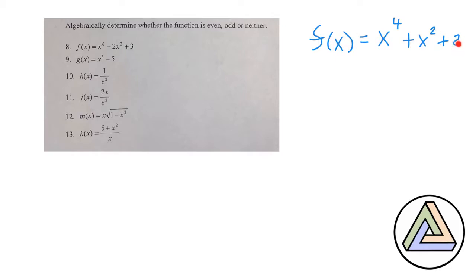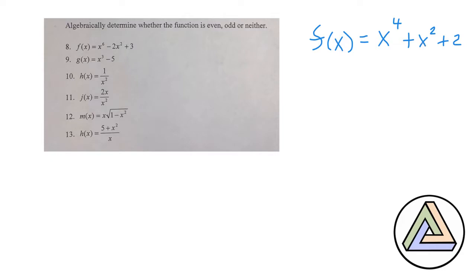Notice that you can have a constant. There's no x attached to this. If all the terms that have x in them are such that they have exponents that are themselves even, it's an even function. And think about it, that makes sense, because if we plug in a negative x, then even exponents would turn that negative x into just itself again, a positive version of x, right?